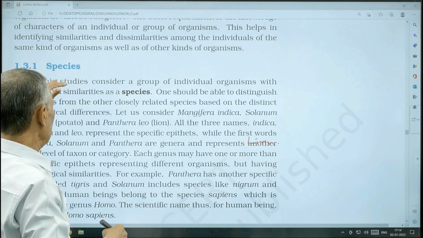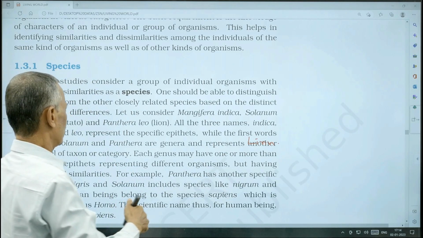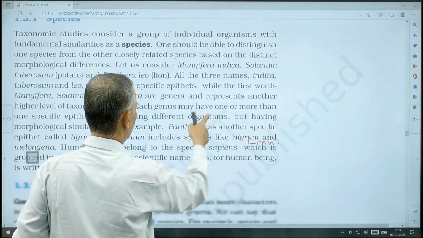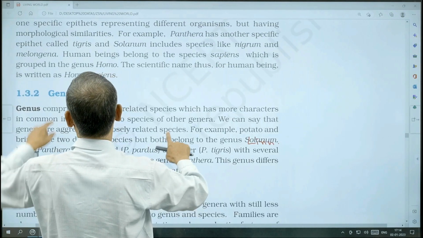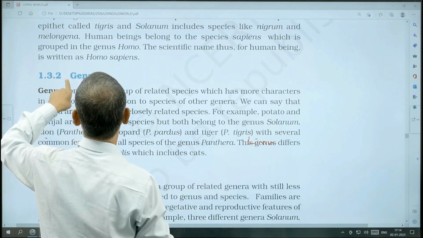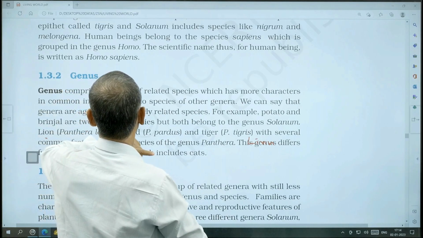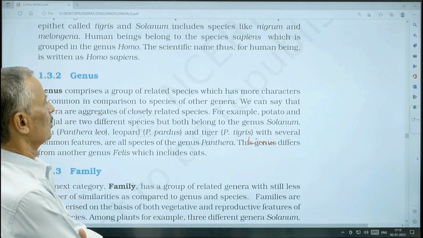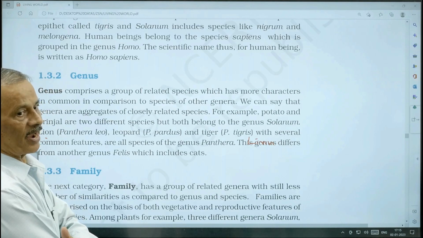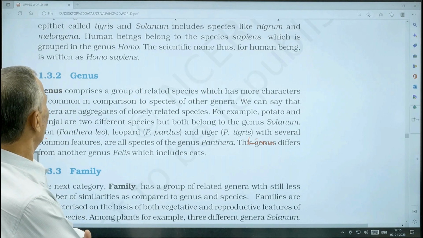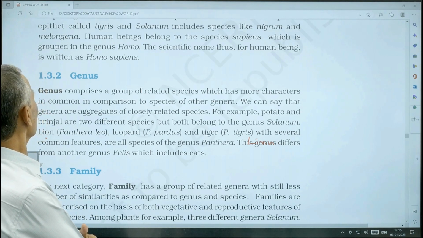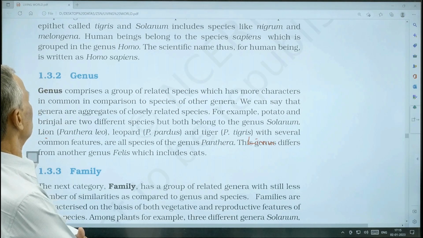Species is the lowest one. It is that species name which is taken as the second word. The first word is the name of the genus. So a genus is at a higher level because it is made up of a number of related species.